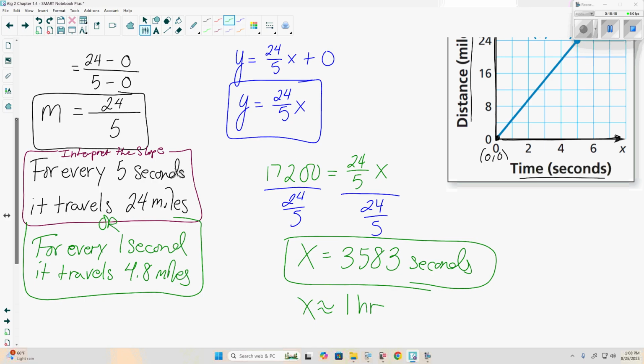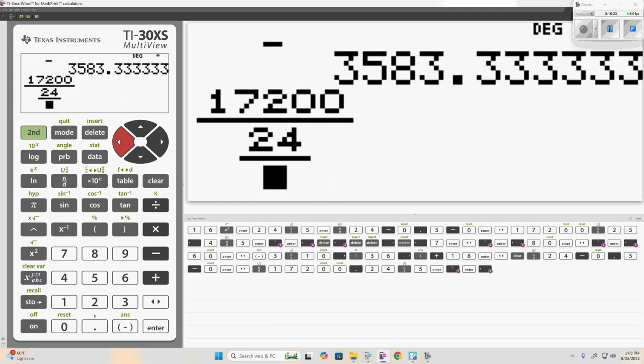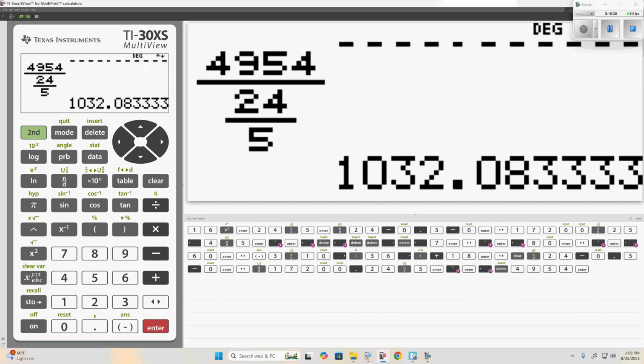4954. So I picked a, well, random but not random.